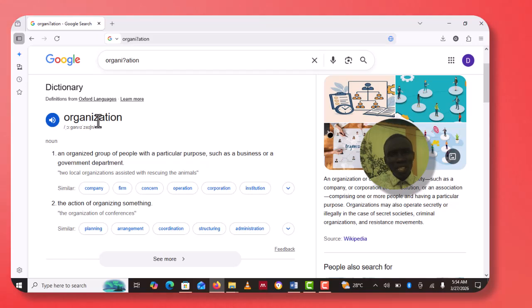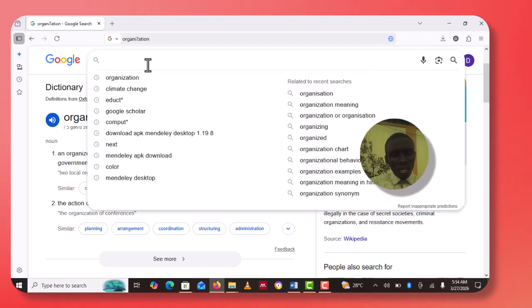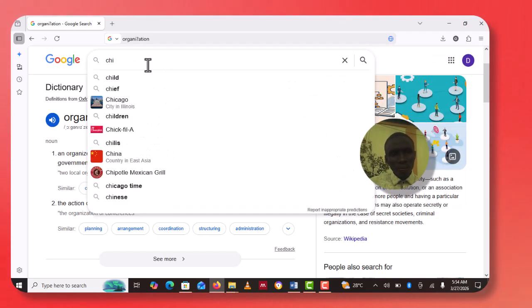So in this case, the wildcards help us to find some of the things clearly. Then also to include singular or plural words, like I showed you the other time with educate. Now this time let's look at an example of child.